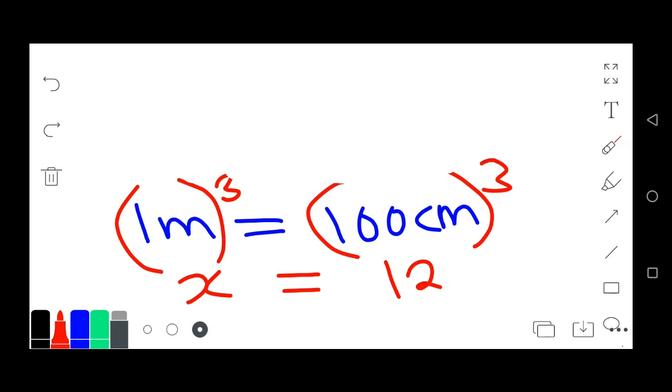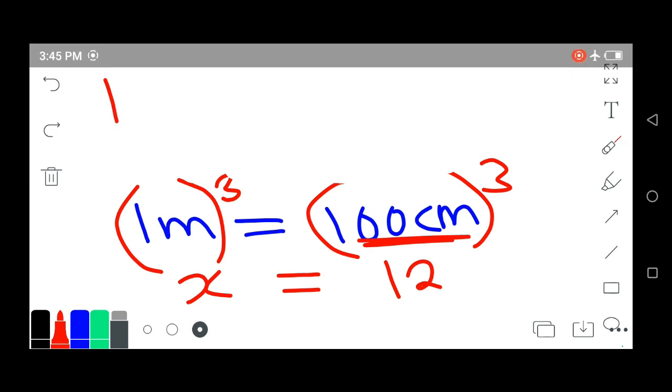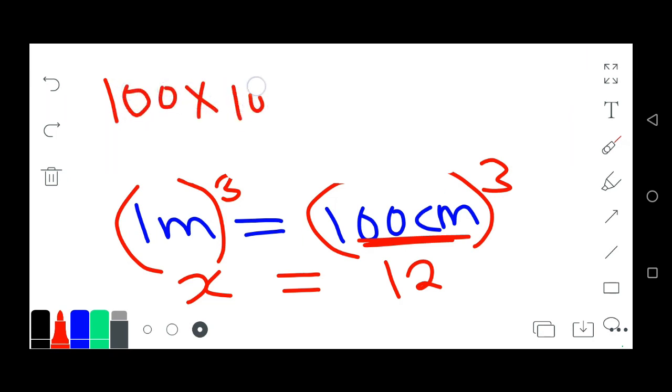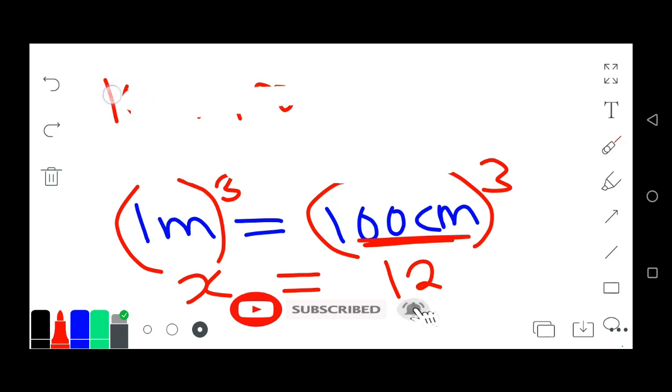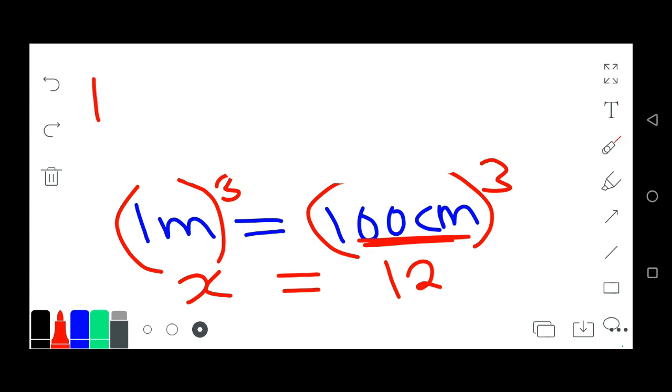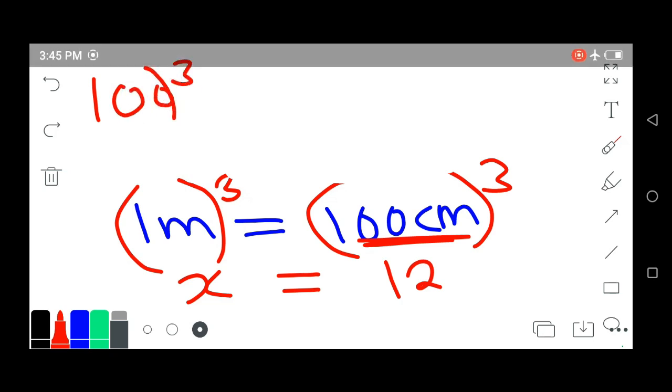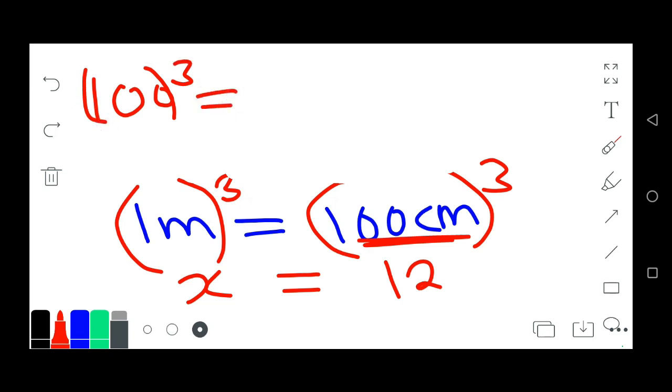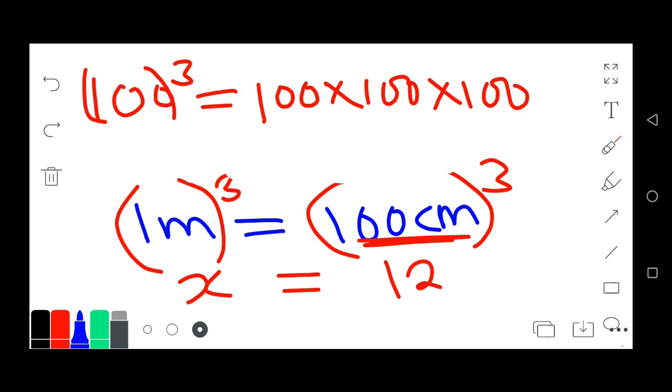Then you know what this means, that this 100 to the power 3 means that I'm multiplying 100 by 100, again 100. So we are multiplying that 3 times. That's the meaning of that.